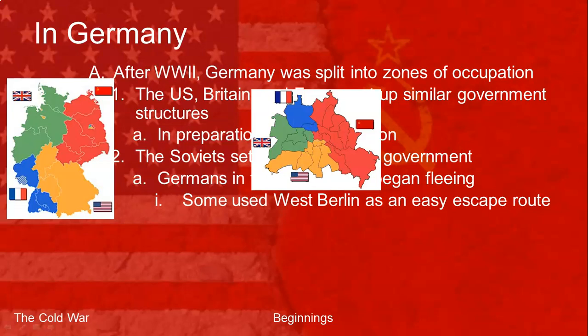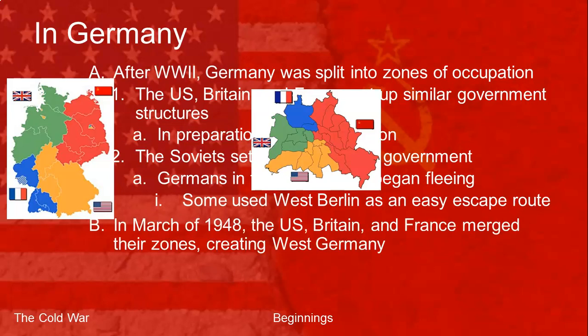And so the Soviet Union, by 1948, had gotten angry that so many of these Germans were fleeing their zone. In March of 1948, the British, French, and Americans are ready to hold the elections, and the Soviet Union doesn't want to because they know that they would lose. And so rather than wait on those elections to happen, we went ahead and merged our zones, creating what became known as West Germany.